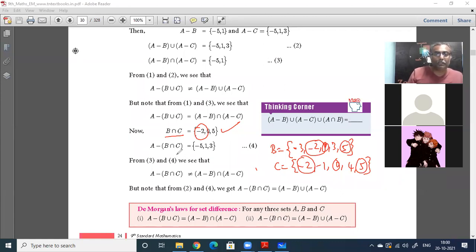Now he is telling A minus (B intersection C). First time he did A minus (B union C); this time he is doing A minus (B intersection C). What is A?